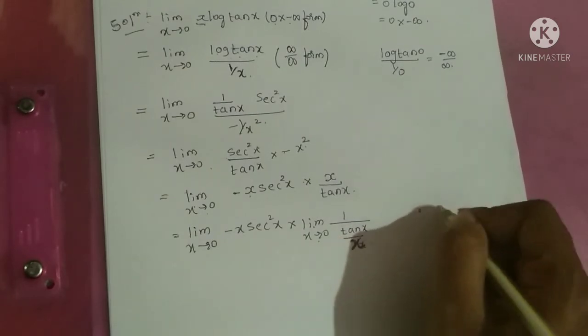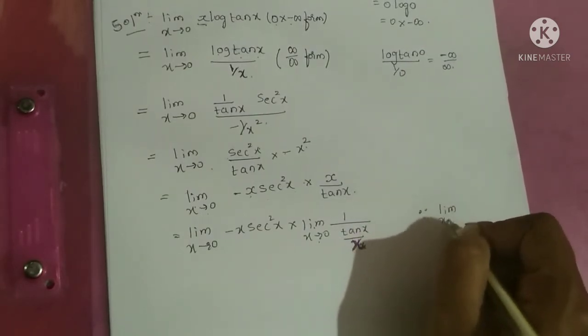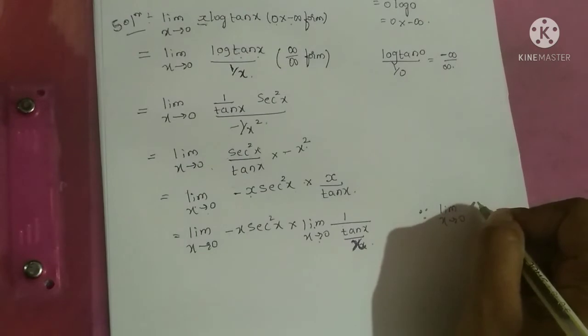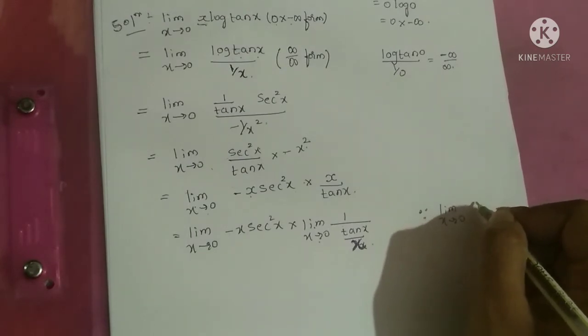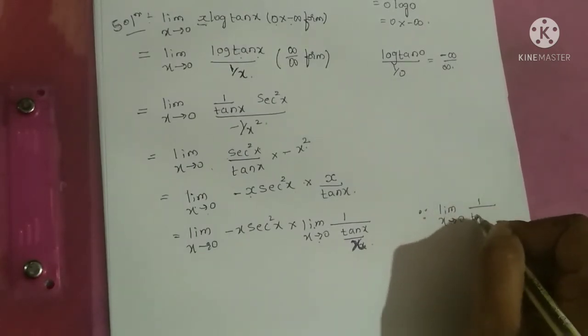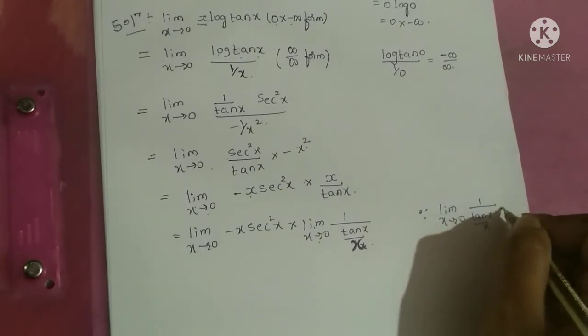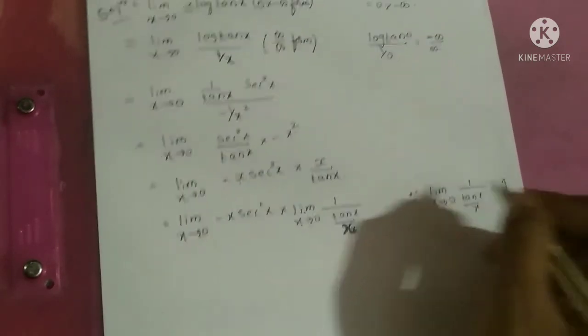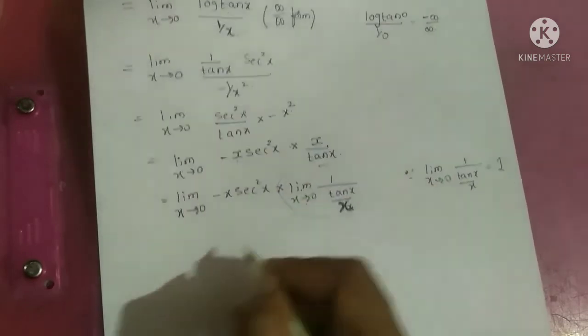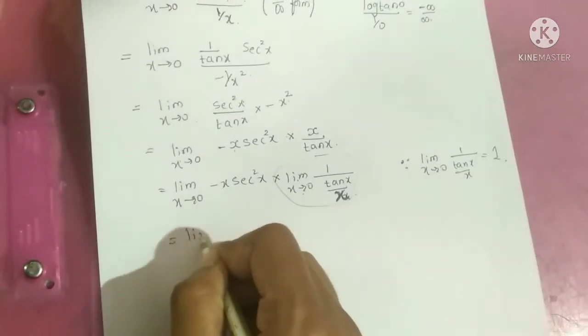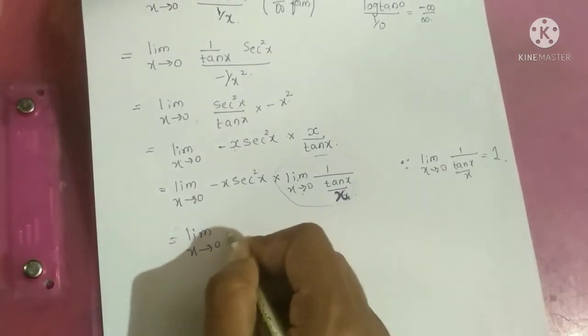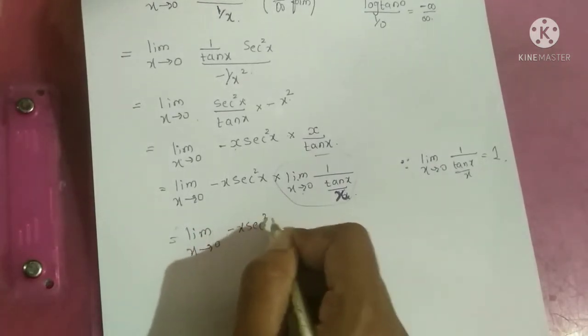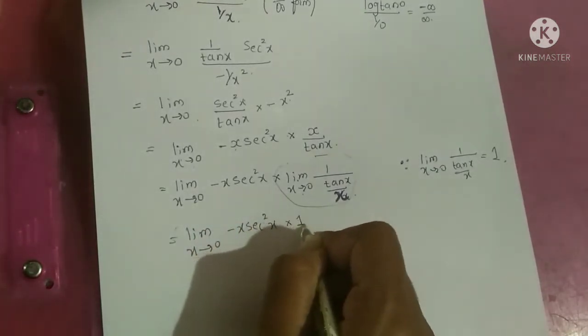Since we know that limit x tends to 0, 1 divided by tan x by x value is 1, this whole term becomes 1. So here you have limit x tends to 0 of minus x secant square x into 1.